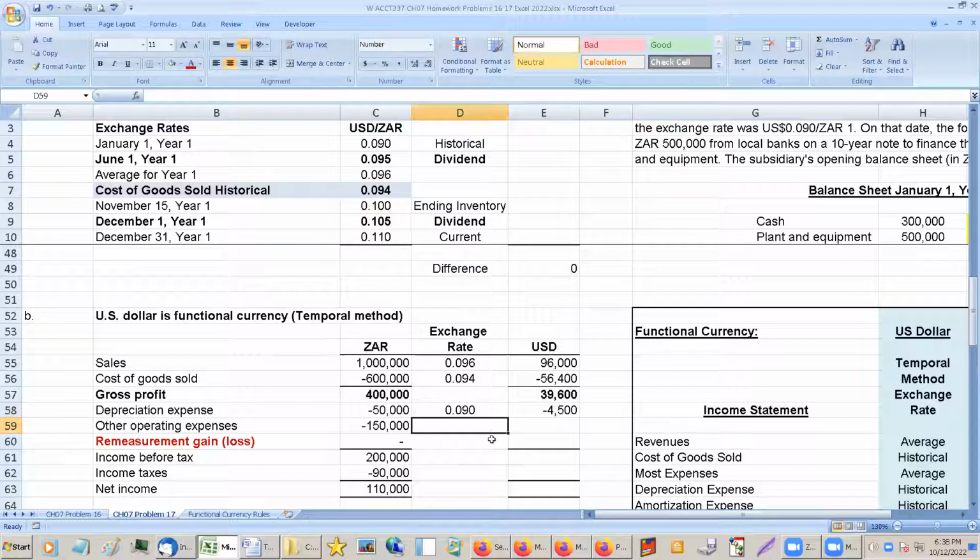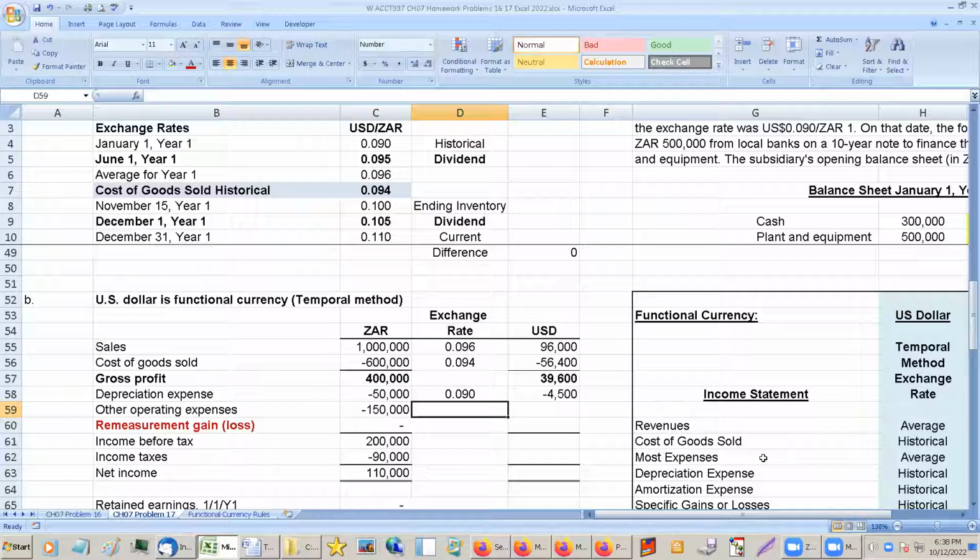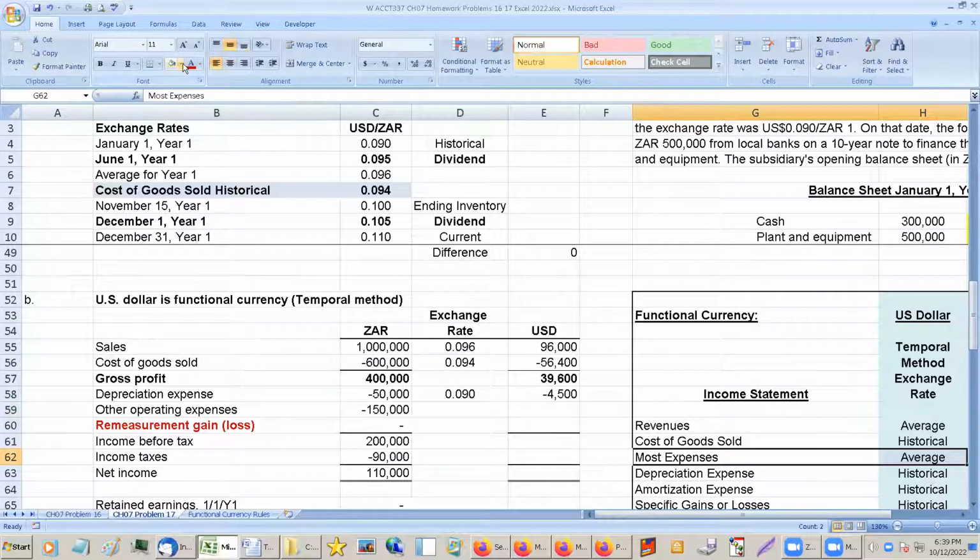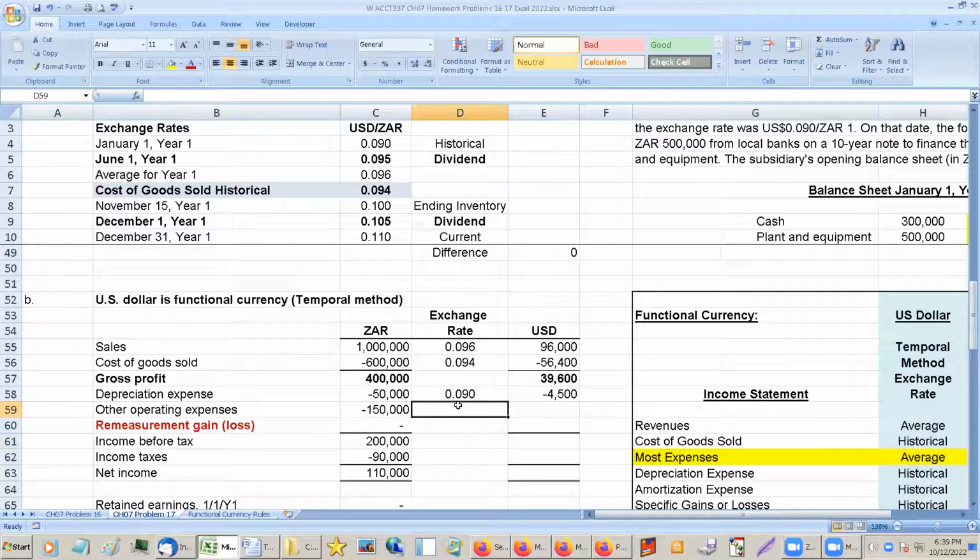Other expenses, where are those going to go in? Would it be the same as the depreciation expense? Actually, it's going to be here. Among your other expenses, for instance, let's say rent expense, and you pay rent throughout the year, it's going to be an average. So we're going to use the same as we use for the sales, 0.096.